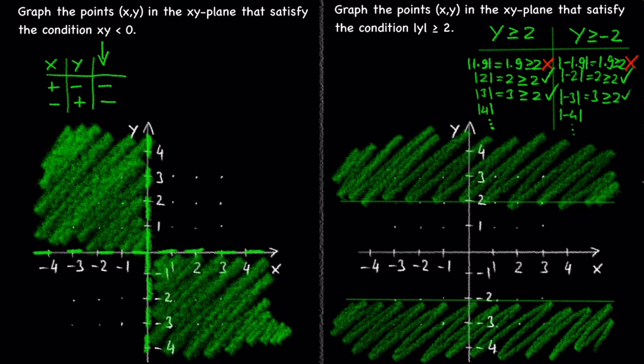So the points can be represented by the two shaded regions. We use solid lines to represent that the points on the boundaries 2 and -2 are included in the solution set.